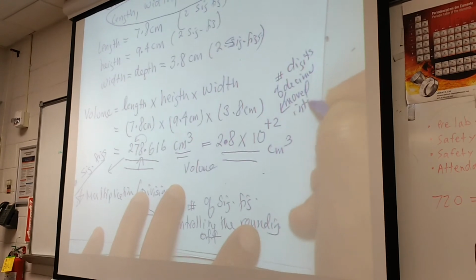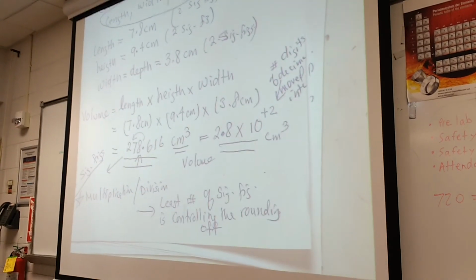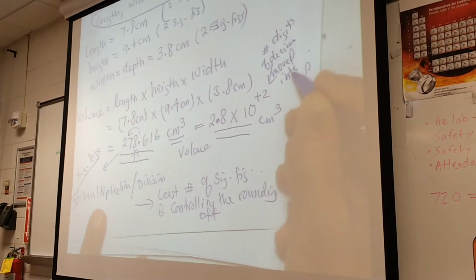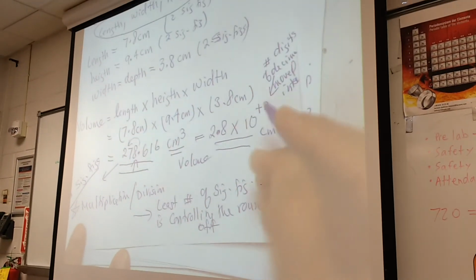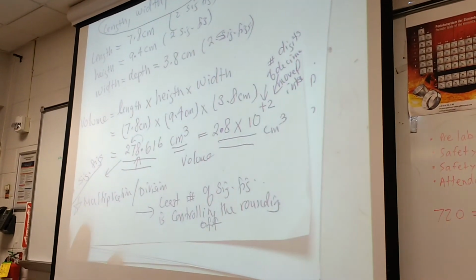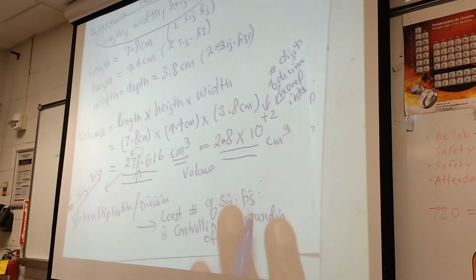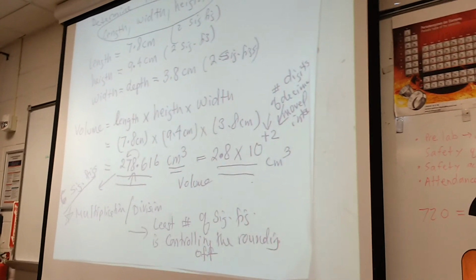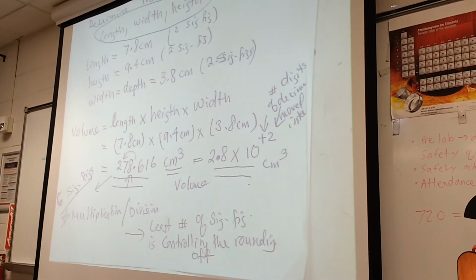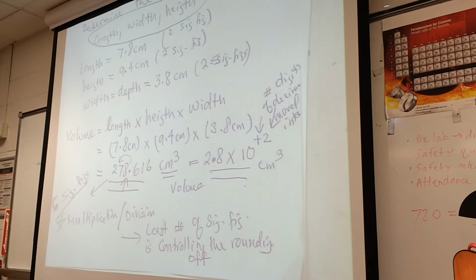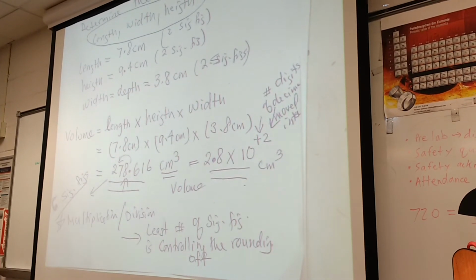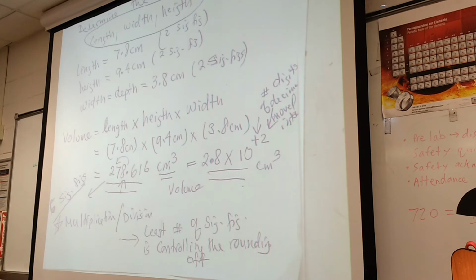So it moved 2 digits, so it has to be 2. And moving to the left is positive, correct? So this is the correct answer rounded off. So this is for the length and the volume, correct?